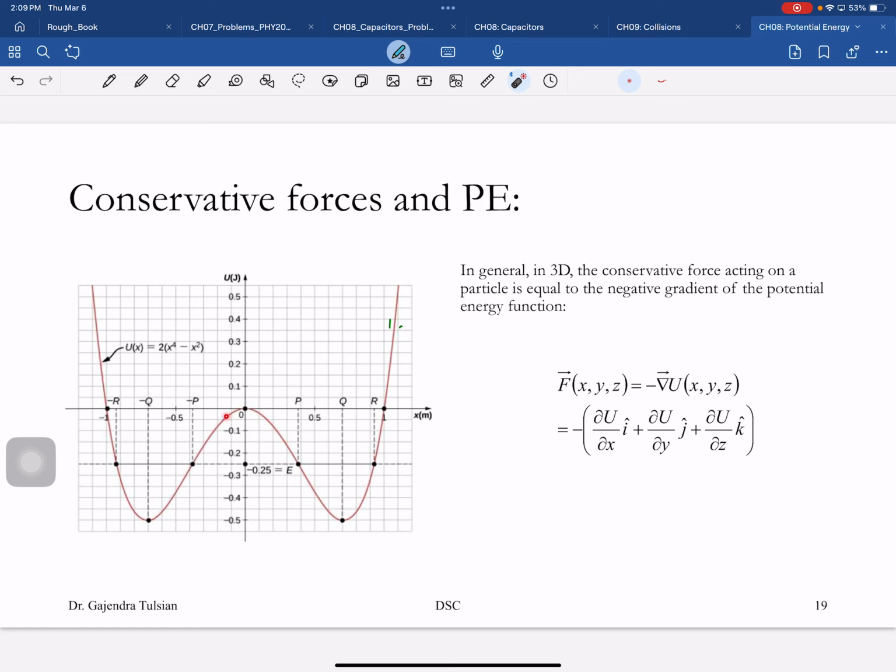You move away from this point, dU by dx is positive. The negative of that means the force is in that direction. You're moving away from that point. This is what is called an unstable equilibrium. This is a stable equilibrium.